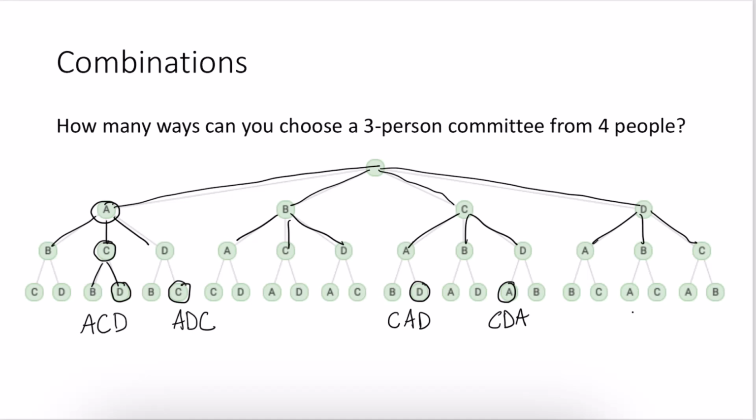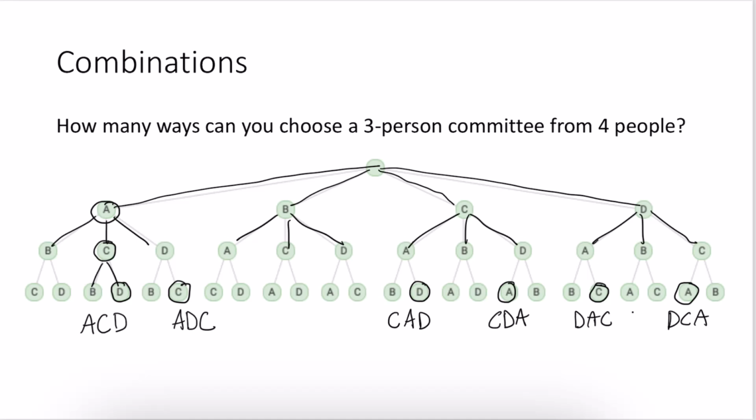And if we look at this branch of the choice tree, it looks like they were chosen again. And in this branch, they were also chosen again. So there's 6 times that this same group of 3 committee members shows up in this choice tree.